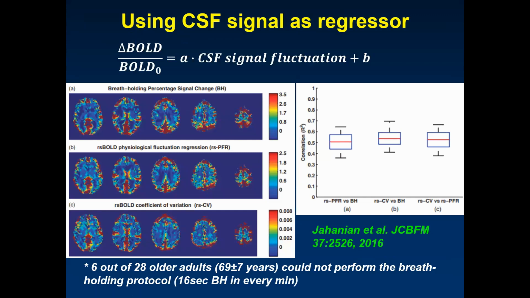And there's another study by Dr. Zahachak's group, using resting state fMRI for CVR mapping. Instead of using the whole brain BOLD signal, they used CSF signal fluctuation as a regressor, and they compared these CSF regressor results to the breath holding results and the RSFA results after RSFA was normalized to the temporal mean.